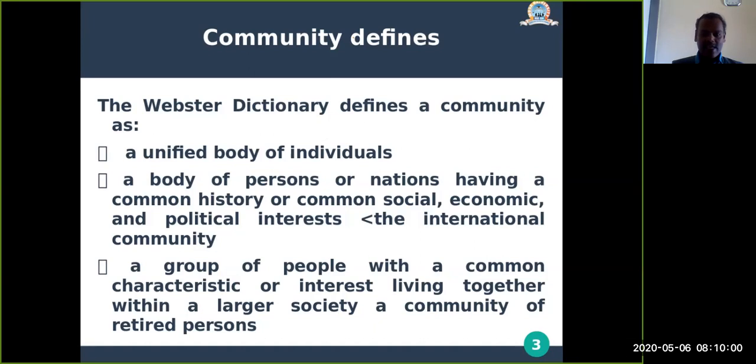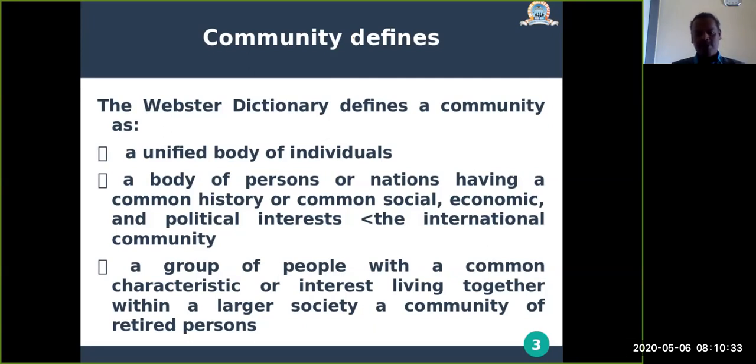Or you can say a group of people with common characteristics. For example, the farming community. Those who are involved in farming have certain common characteristics, and they are considered a group. Farming community, industrial community, children's community, youth community, you can say this way.